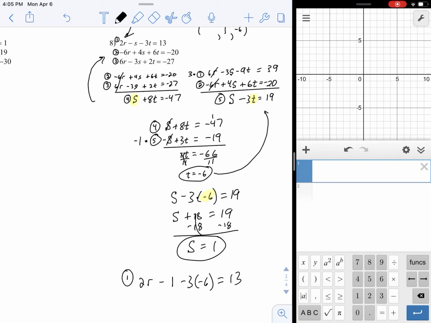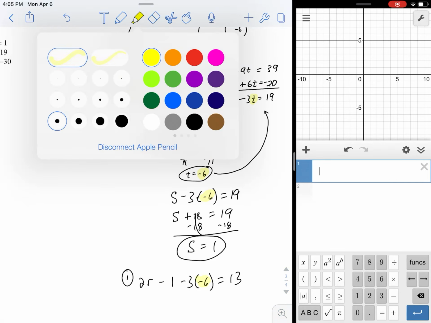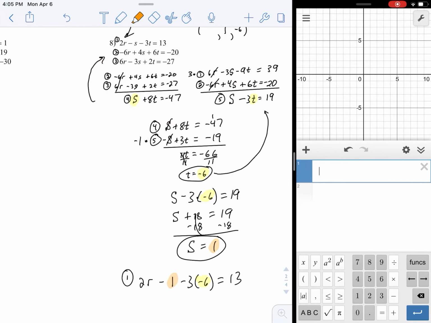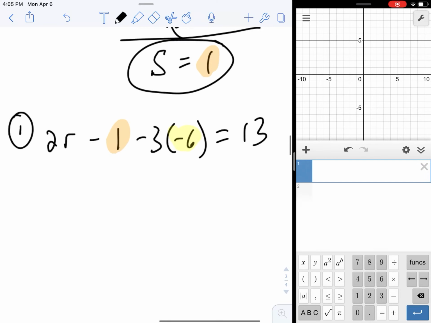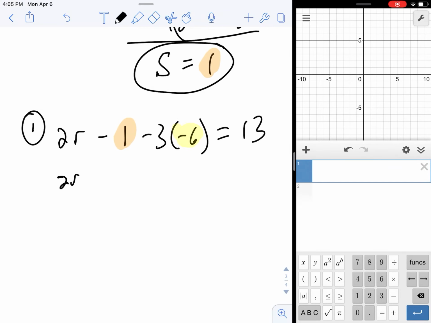So I plugged negative 6 in here, and I plugged a 1 right there. r, of course, is the variable that we're trying to solve for to finish the problem. So 2r minus 1 plus 18 equals 13. 2r plus 17 equals 13. Right? Negative 1 plus 18 is 17.